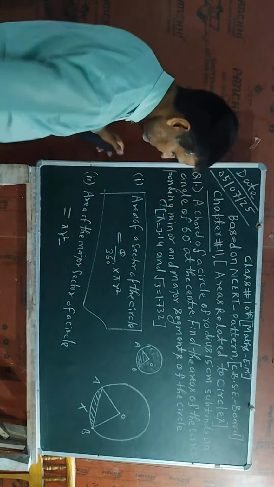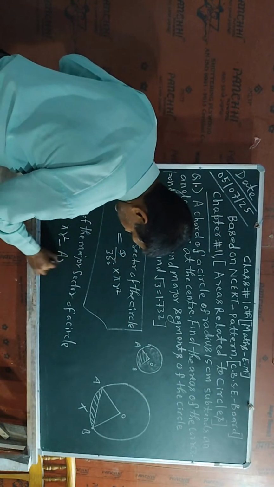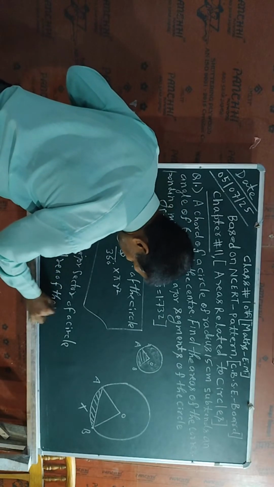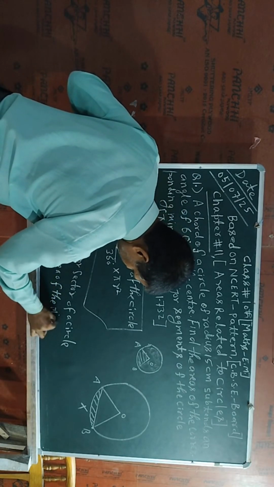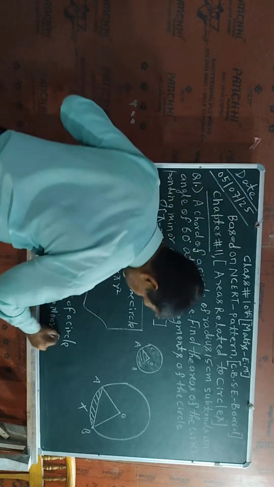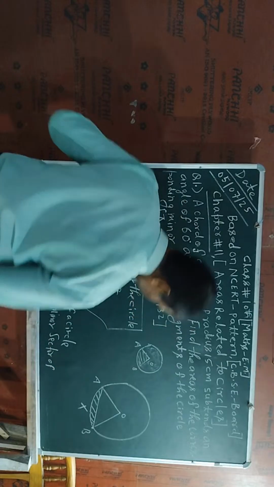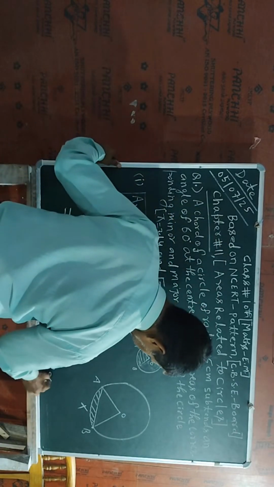I will subtract the area of the minor sector of a circle.